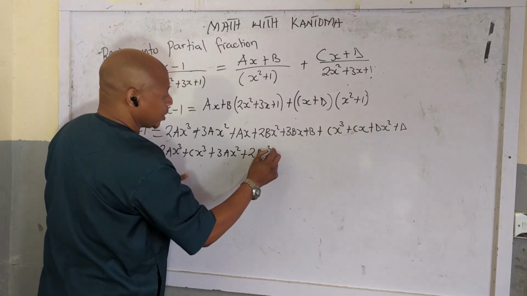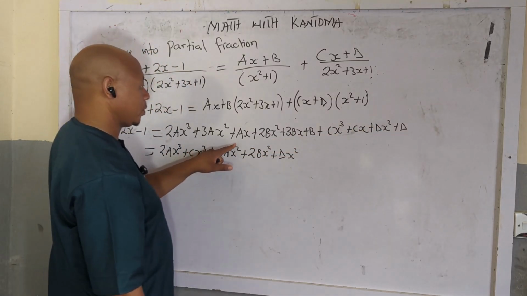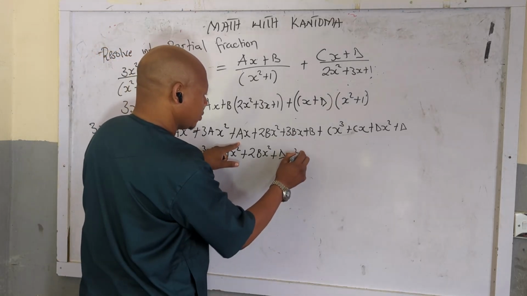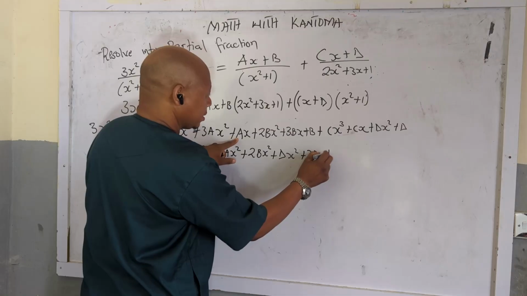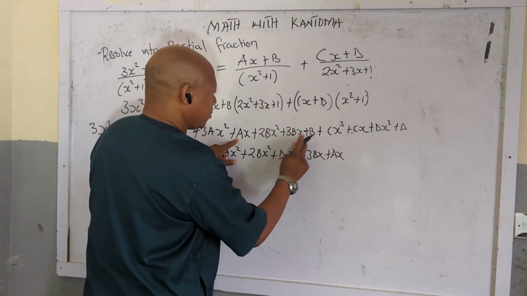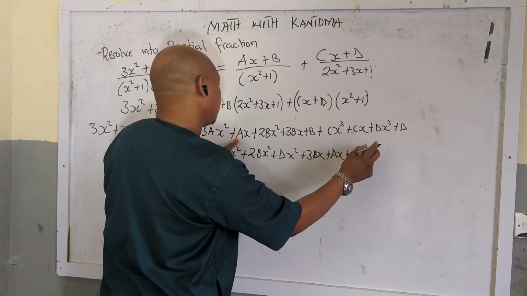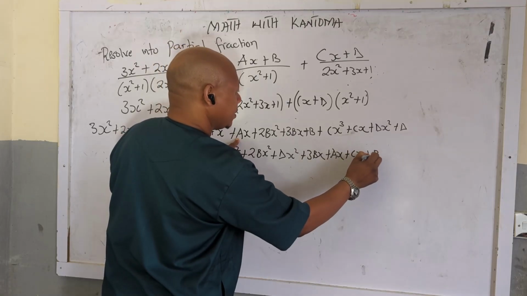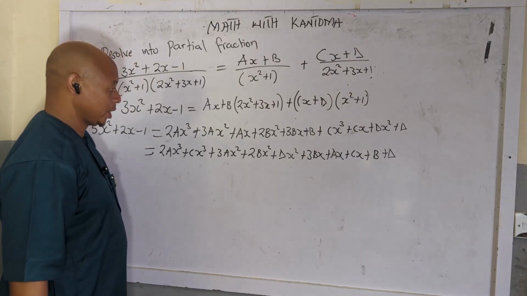This is another x squared. We have plus dx squared. Then we collect the ones with x also. We have plus 3bx. I have plus ax plus cx plus b plus d. The one without x values, we also collect them together.